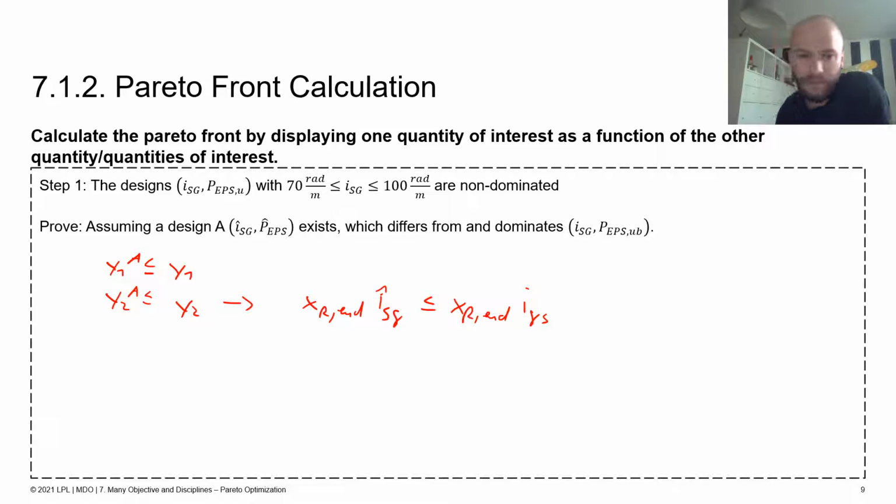And from this we know that the gear ratio of the design A must be smaller than the gear ratio of the Pareto front. Sorry, that was a small typo.